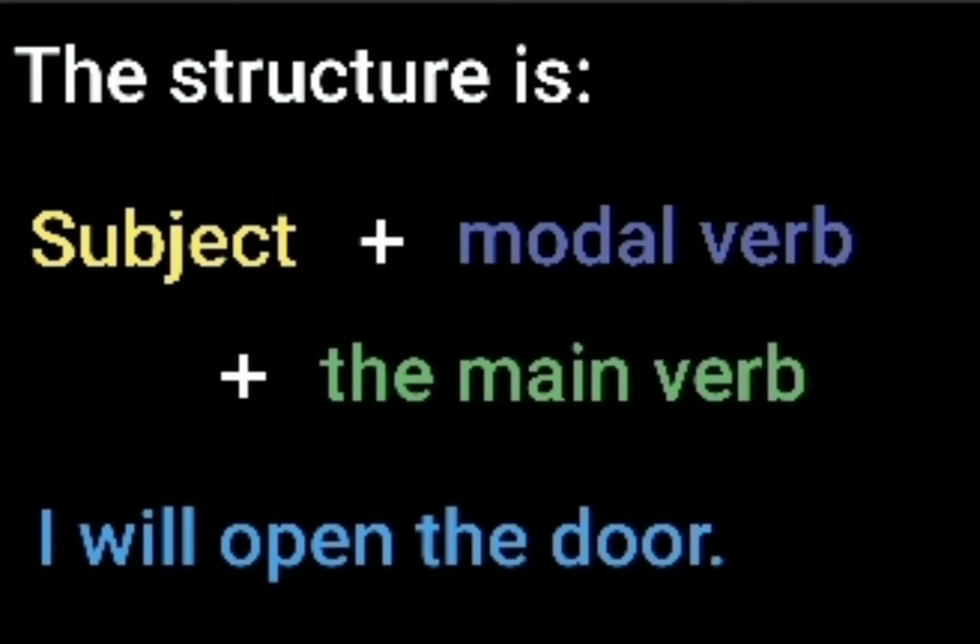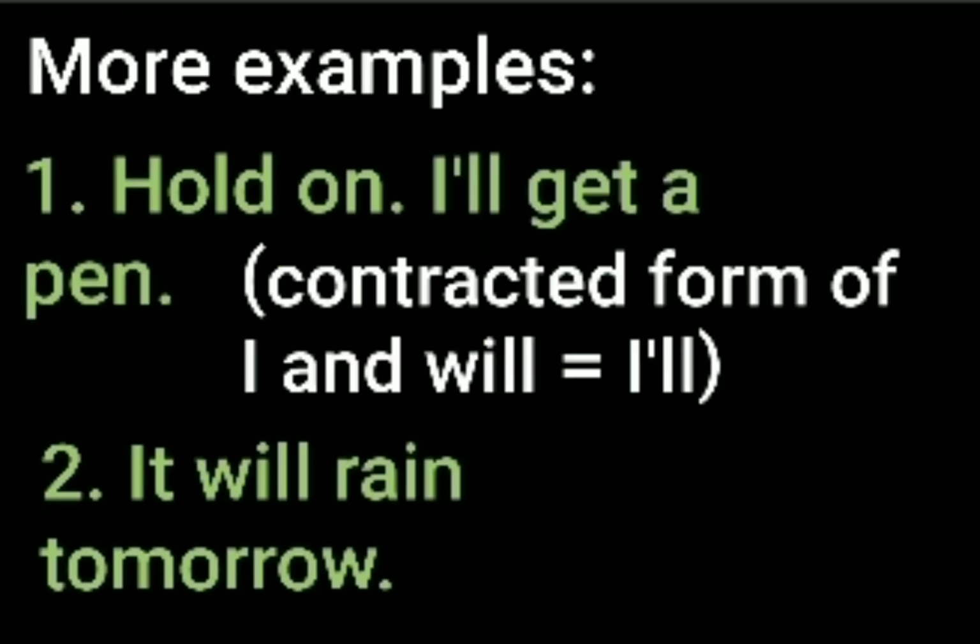In the given example, I will open the door. I is the subject plus the modal verb will and the main verb open. More examples of future tenses. Number 1, hold on, I'll get a pen. I'll is the contracted form of I and will. Number 2, it will rain tomorrow.